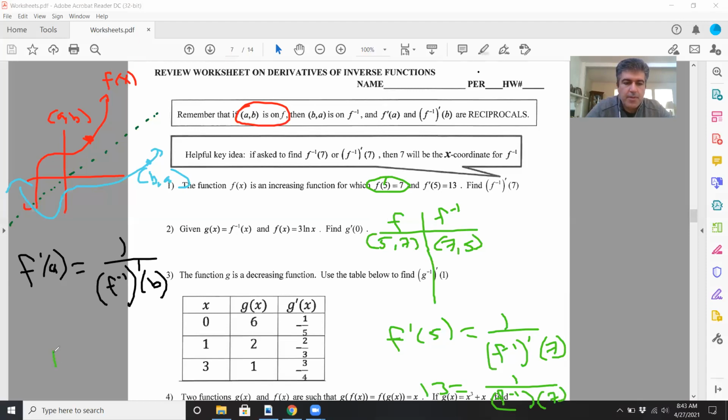So that derivative, oops, forgot the little derivative symbol, is going to be 1 over 13. And there you go, 1/13. That's all.